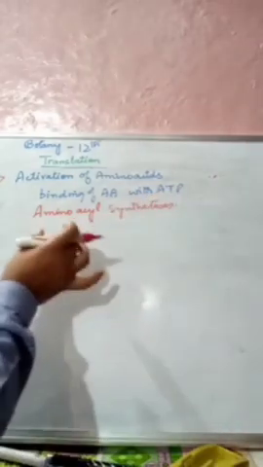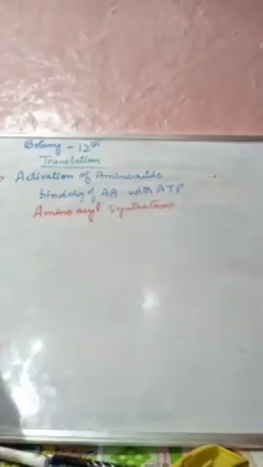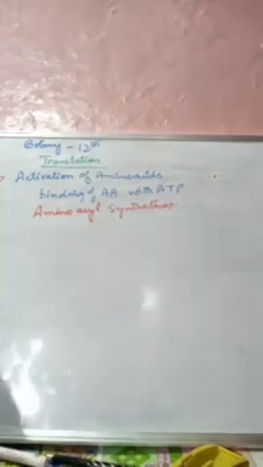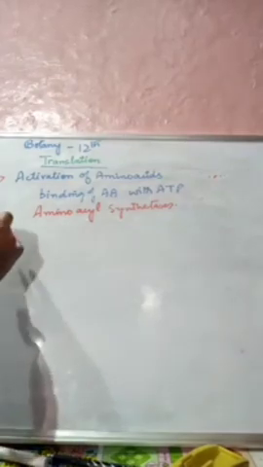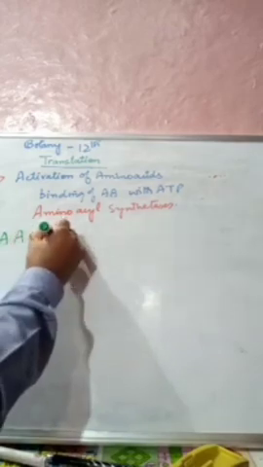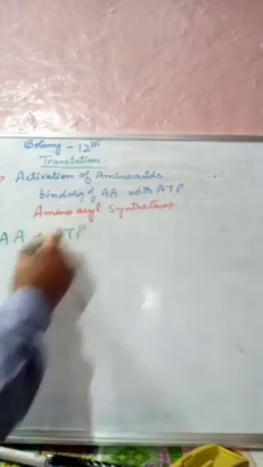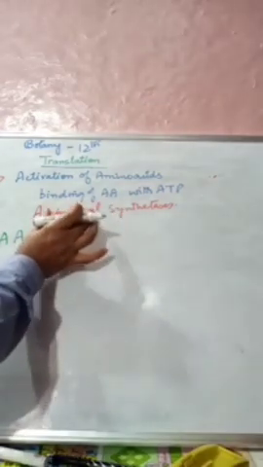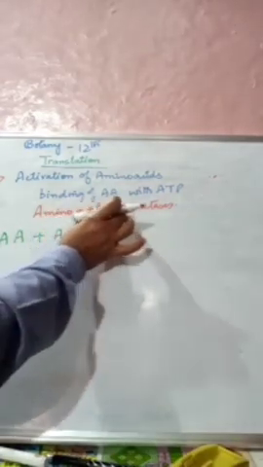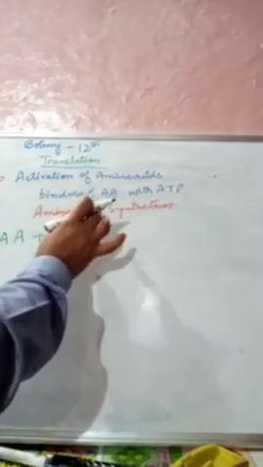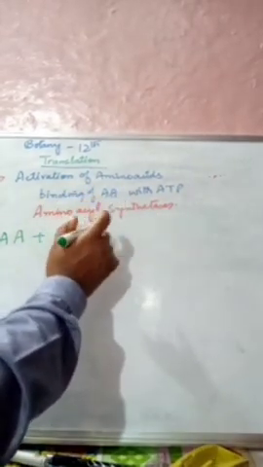Now, due to this reaction, if I write the reaction, amino acids and adenosine triphosphate, or simply ATP, are catalyzed by this amino acyl synthetase, the amino acyl enzyme complex.